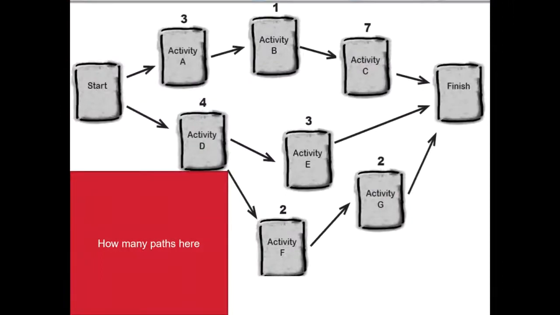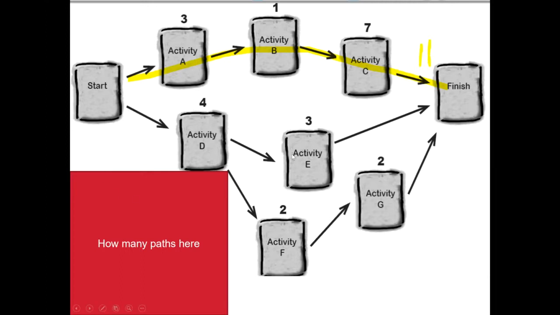So how many paths can you see in this network diagram? And which of these paths will be the critical path? So we could see a path ABC here, which has a duration of 11 weeks.